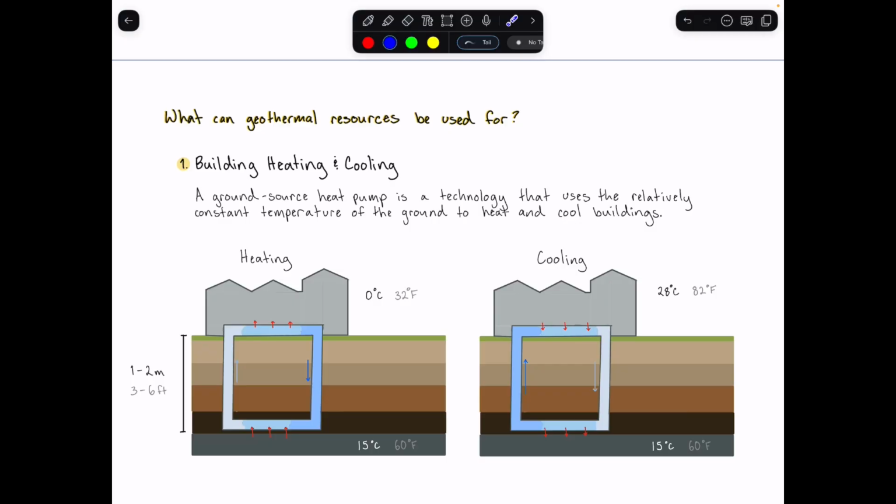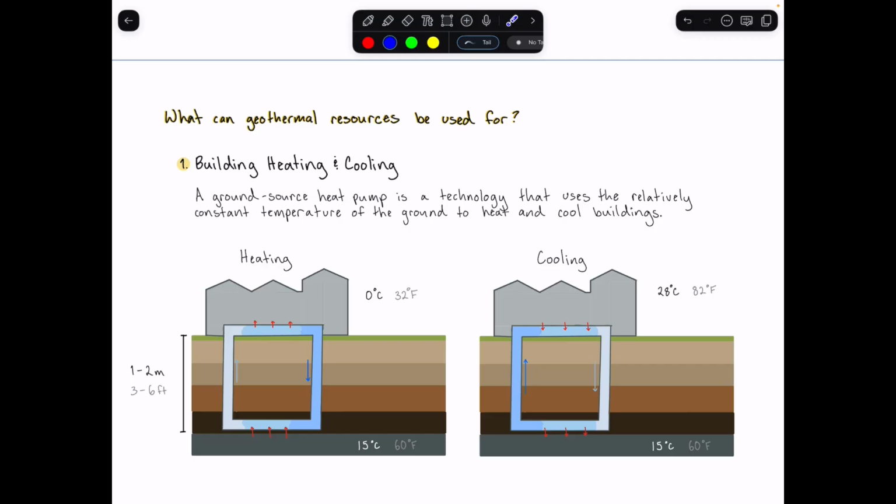It's a technology that uses the relatively constant temperature underground to heat or cool a building. Usually about 1 to 2 meters underground, the temperature remains at about 15 degrees Celsius, and this is from the heat that's rising from the mantle.